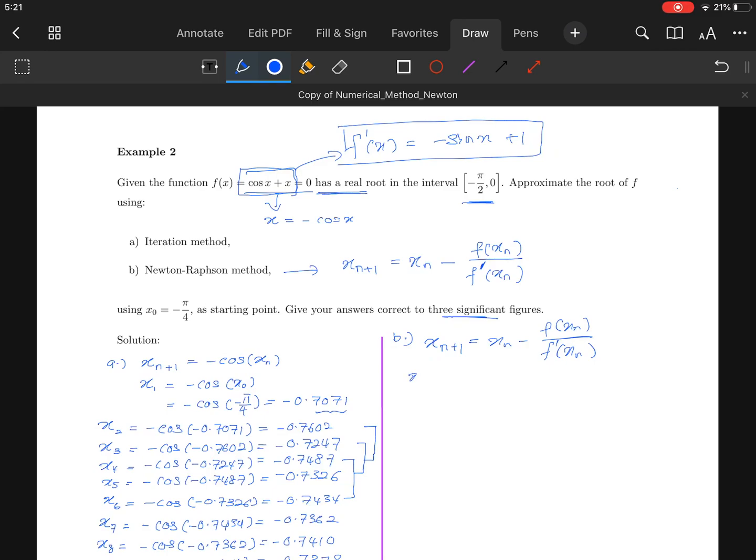So for x1, you have x0 minus f(x0) over f prime(x0).